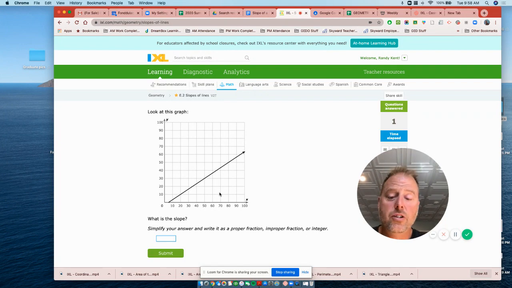So that would be a change of 20. I'm going to have to reduce this before I hit submit. And then let's see, 20, 10. So my change in x from 50 to 20 is also going to be 30. So 20 over 30, if I reduce it, goes to 2/3.